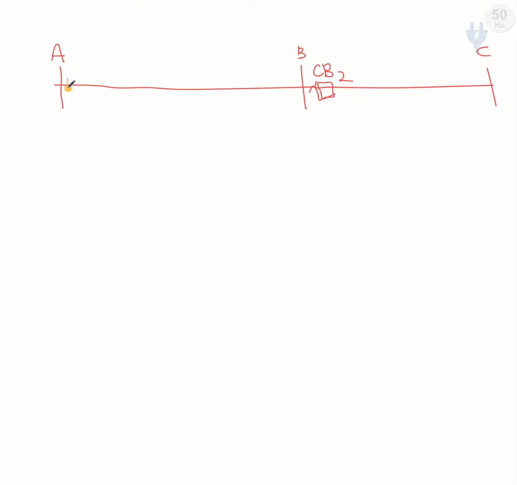On our main line AB, we are activating the directional transient ground fault, and we call that circuit breaker CB1. Now sometimes CB2 gets opened, meaning the opening of circuit breaker 2.